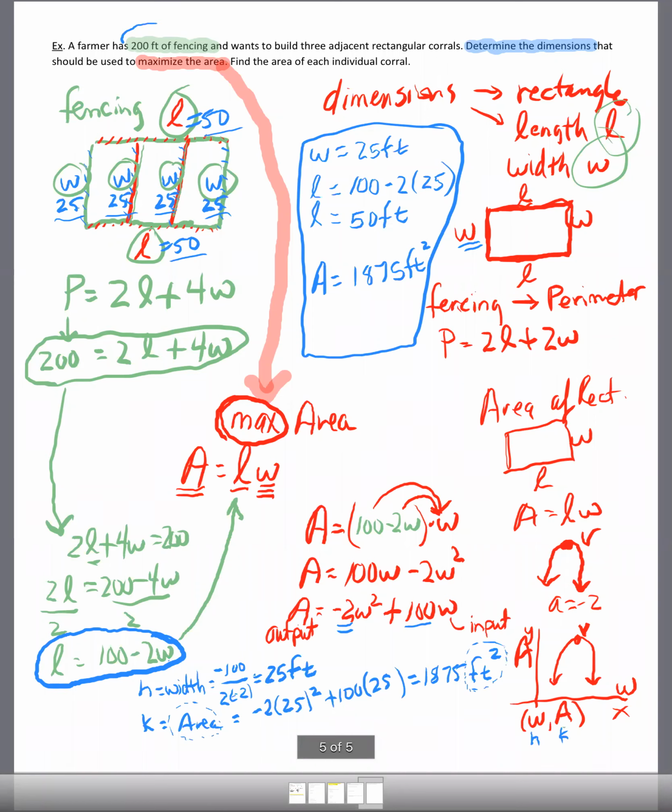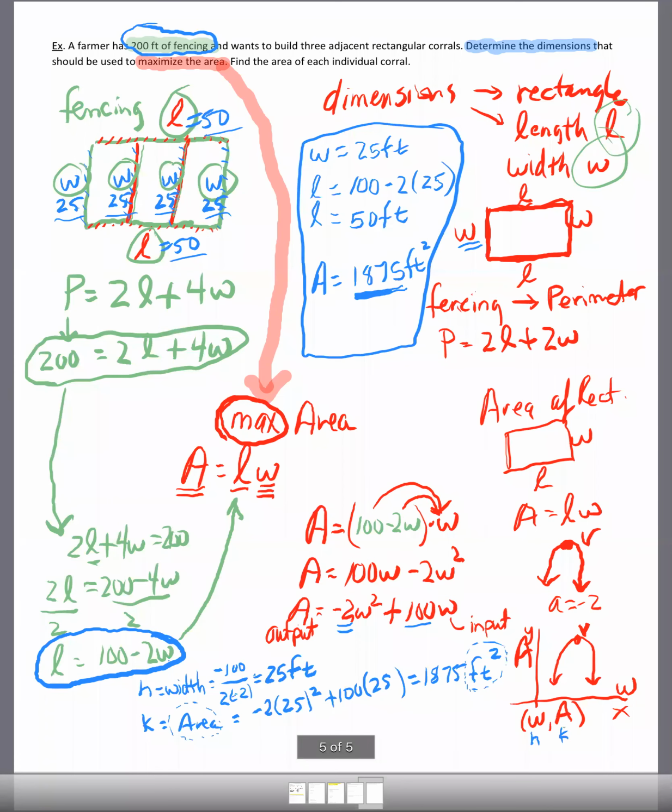So I used all of the fencing, and when I use all of the fencing in this arrangement, the best I can get for area is going to be 1,875 feet squared. So the reason why this one's so confusing a lot of times is because when we're talking about building a corral that's rectangular, you look at it and you're drawing a rectangle.